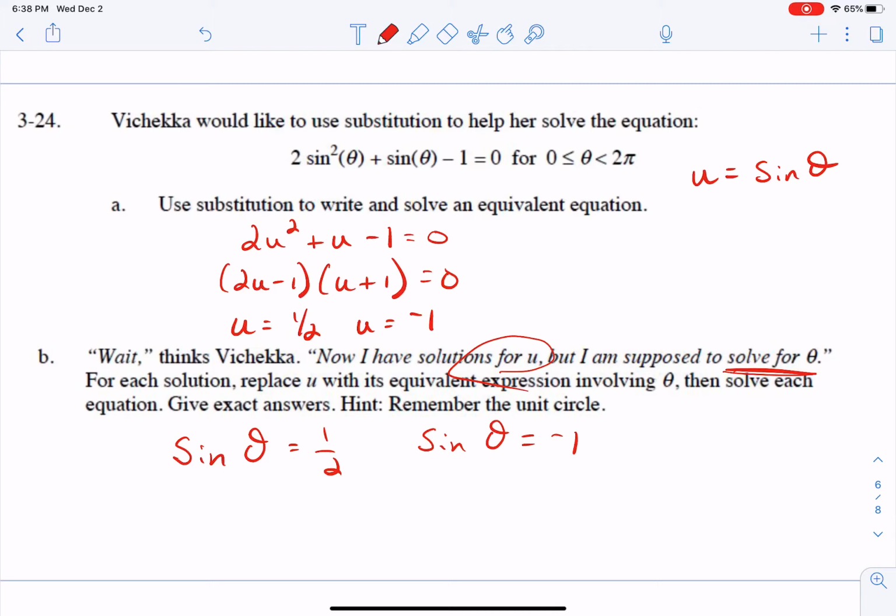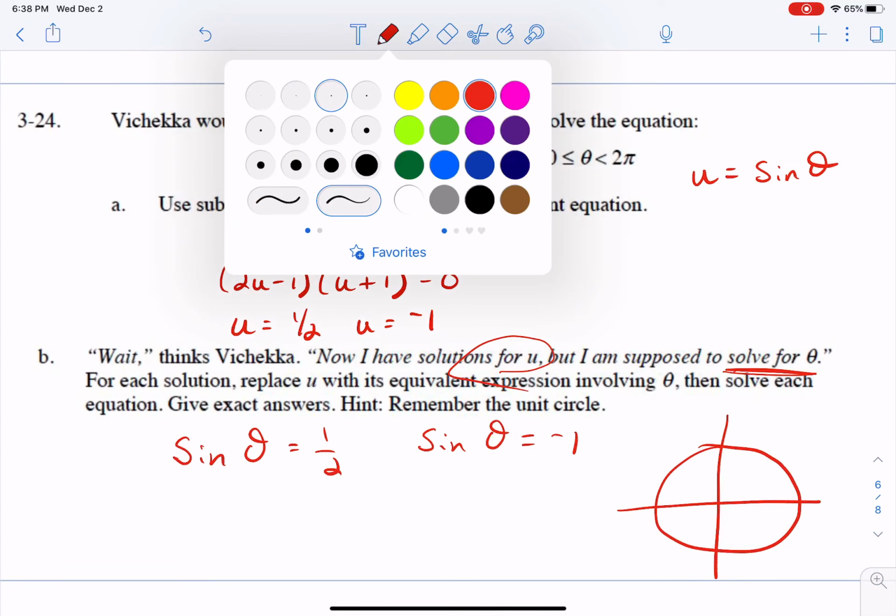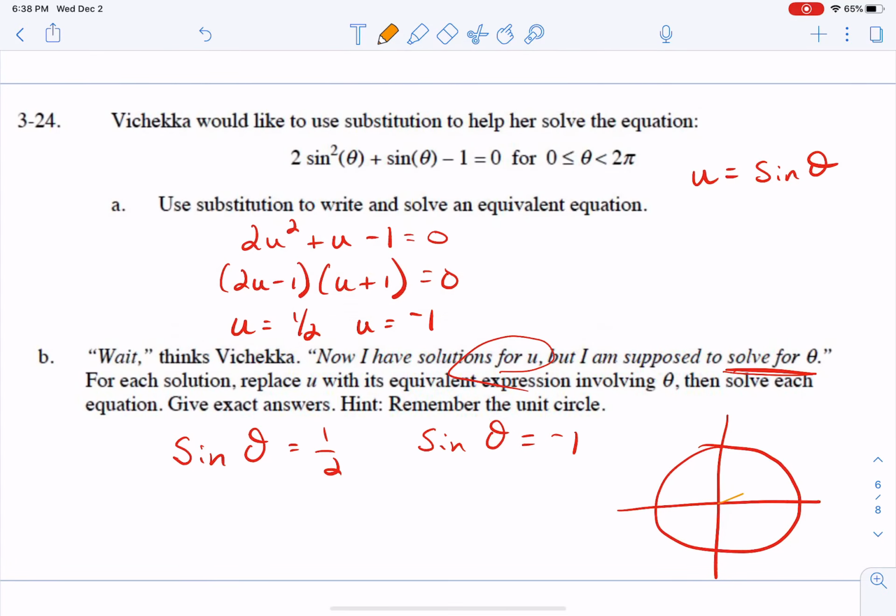So I have to think back to my unit circle and see where the sine value is equal to 1/2. At pi over 6. And over here at 5 pi over 6. So sine of theta is equal to 1/2 at pi over 6 and 5 pi over 6.